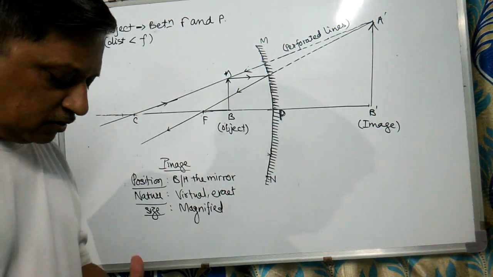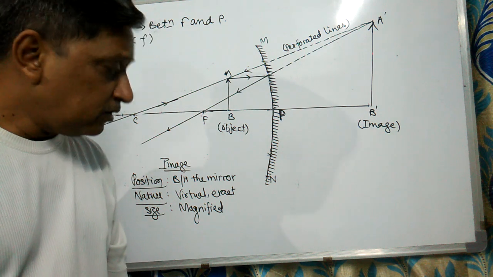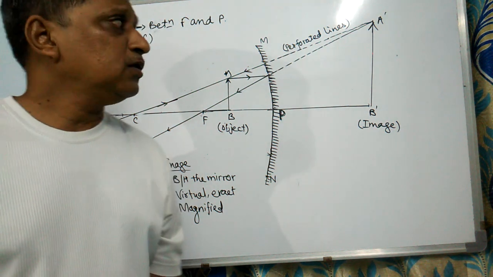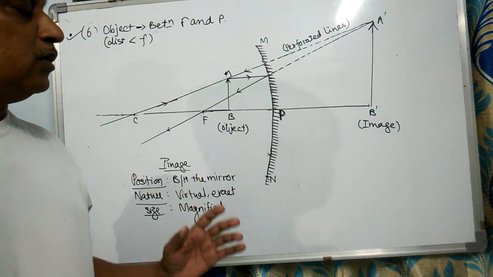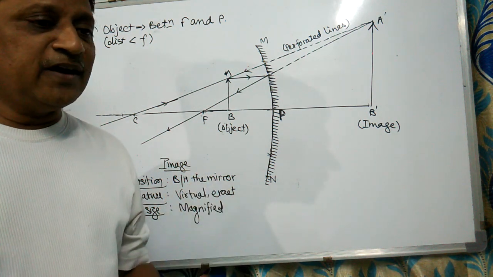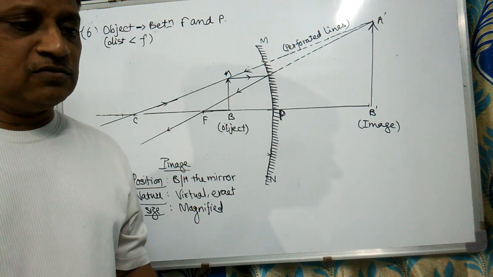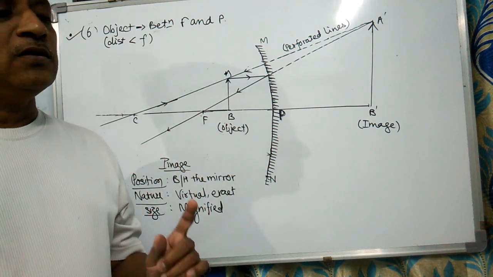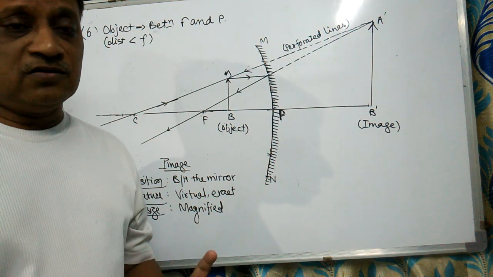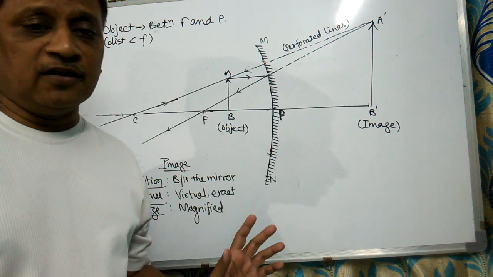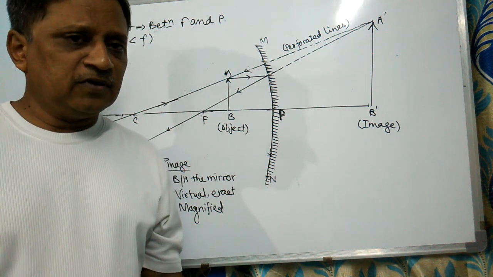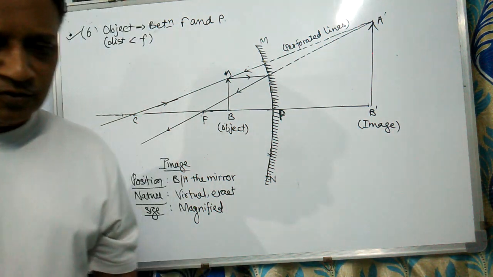So here are the 6 diagrams of obtaining an image by the concave mirror. These diagrams should be practiced at least 3 times, and remember them because questions will be asked regarding these diagrams. Then we will meet next time. Till then, goodbye. Thank you.